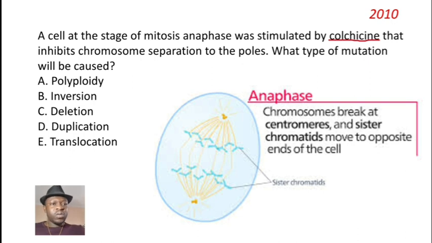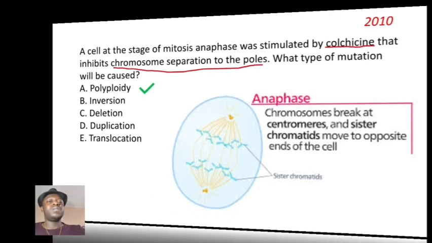The keywords are colchicine, which attacks the spindles, and movement of chromatids to different poles, which will help you. So this is polyploid.